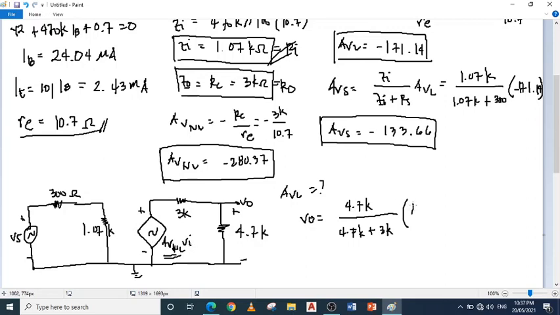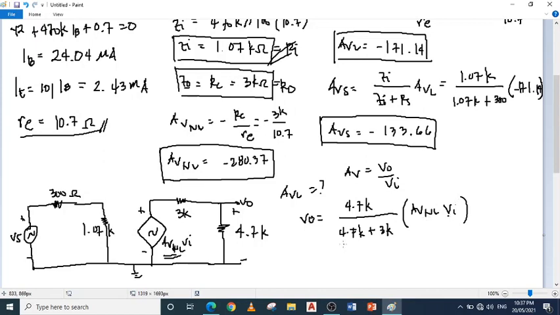So, AV and LVI. But take note that yung AV natin, okay, is equal to VO over VI, di ba? So, itong VI natin, ilipat natin sa denominator, di ba? Divide natin both sides by VI, okay? So, ito magka-cancel lang, di ba?